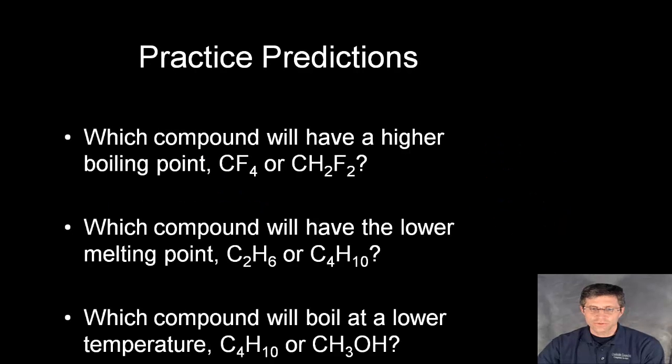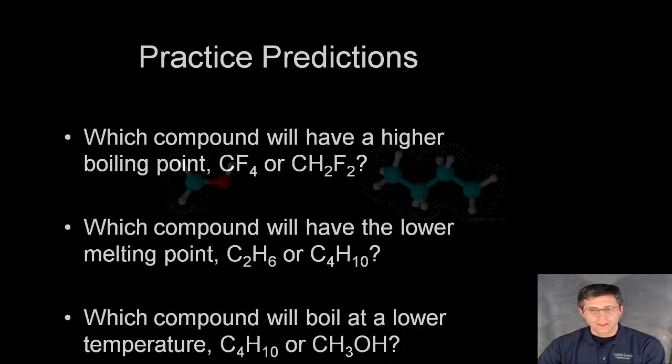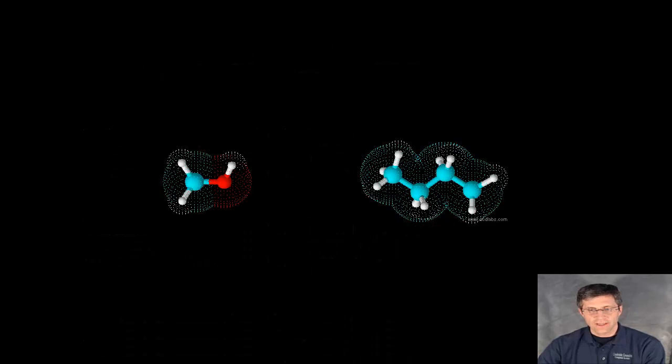Third question: which compound will boil at a lower temperature, butane or methanol? So here I have, again, butane, which is a little bit longer hydrocarbon, so it has stronger London dispersion forces. Methanol, notice that I'll have an OH group, so this is going to be similar to water. I'll have hydrogen bonding that can occur between the oxygen and the hydrogen.